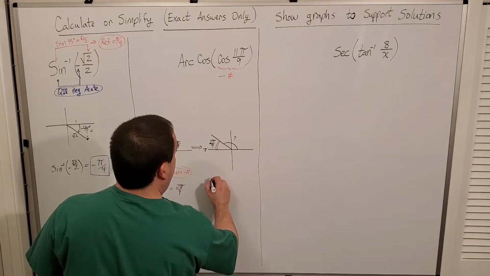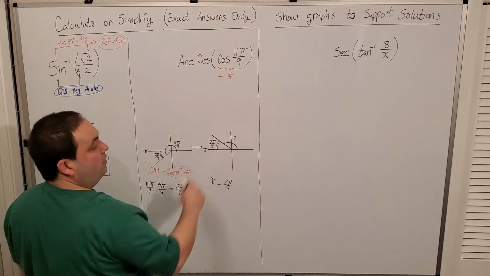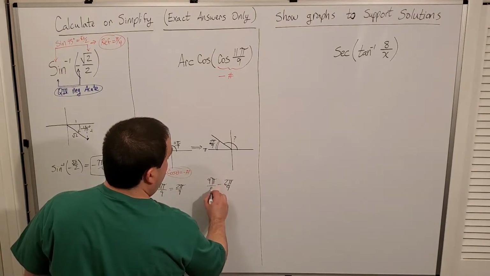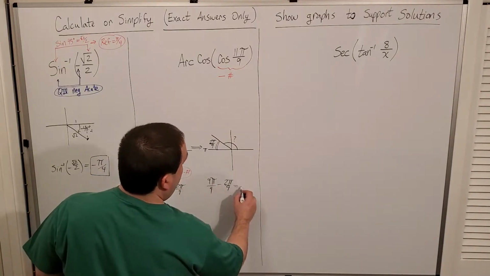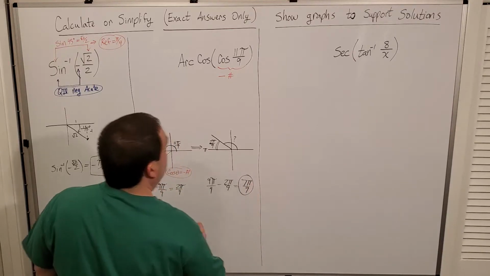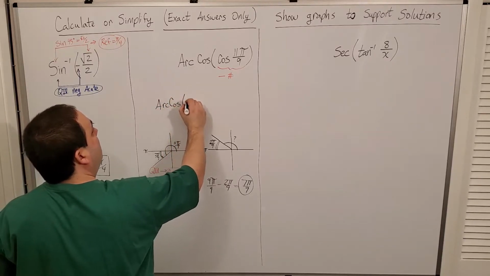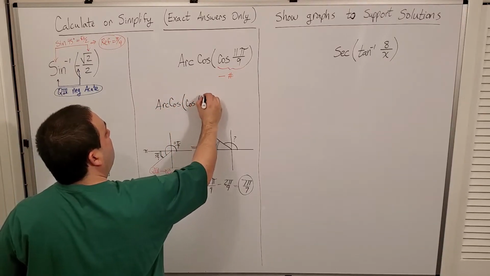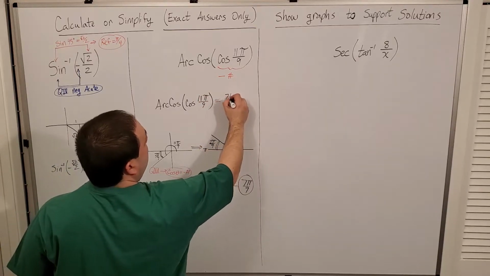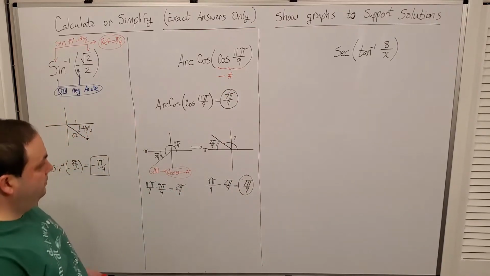I'm just going to be doing pi minus 2 pi over 9 so that I can figure out the main angle here. Don't forget this is 9 pi over 9. So final answer is going to be 7 pi over 9. So therefore, the arc cosine of cosine 11 pi over 9 is actually equal to 7 pi over 9. That's my solution.